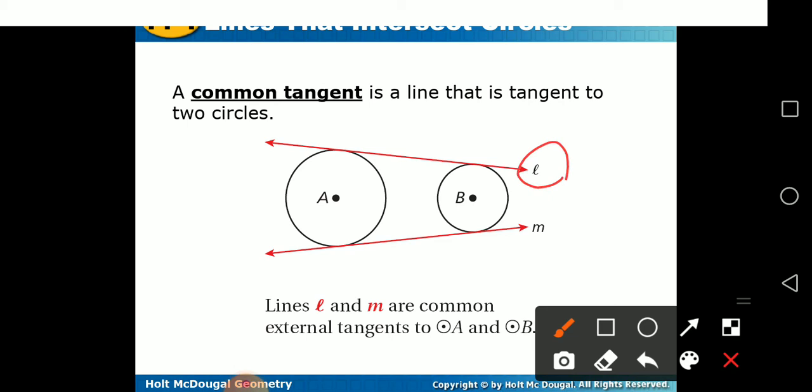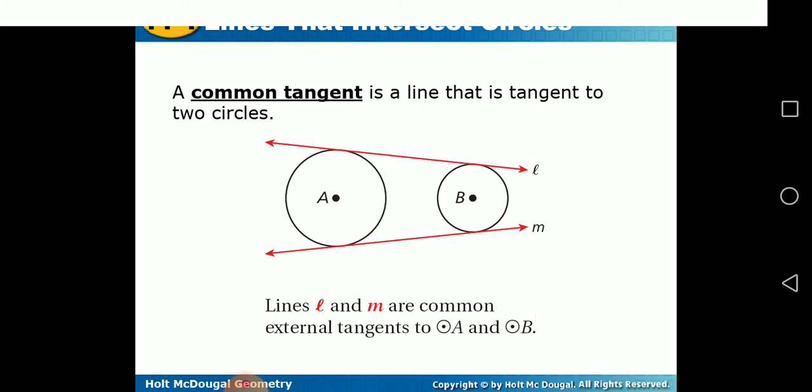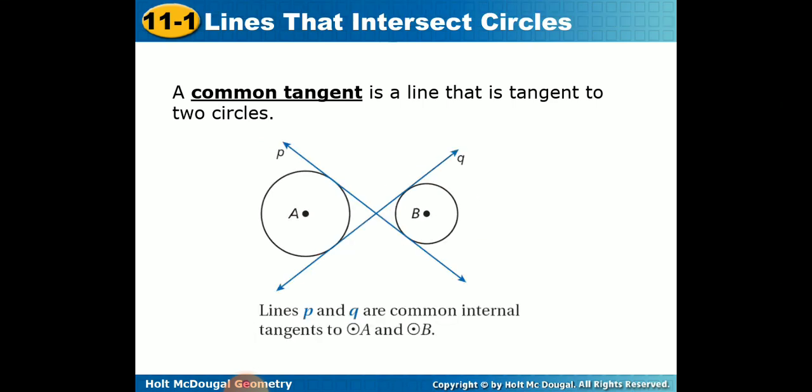This is a common tangent because it intersects circle A and circle B. I have another common tangent which is M. It intersects circle B and also circle A. So lines L and M are common external tangents, because they are from outside circles A and B.